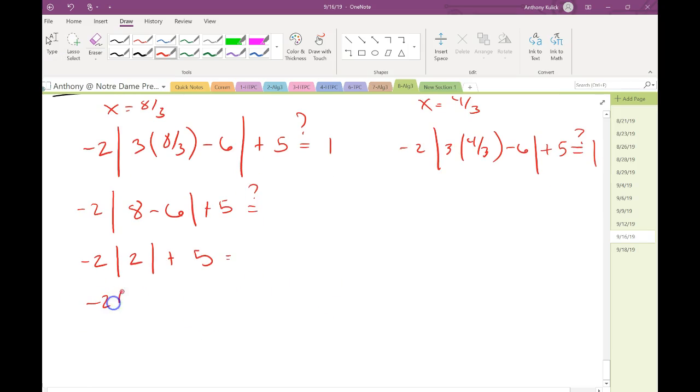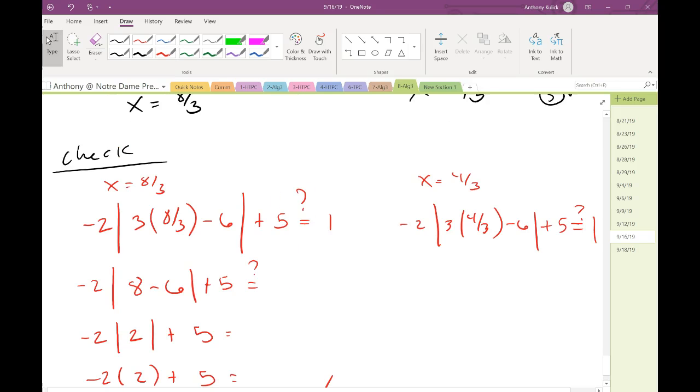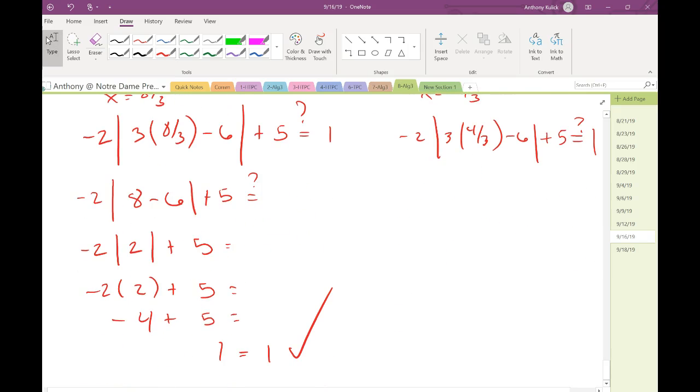If I take the absolute value of positive 2, I just get a regular 2. Negative 2 times 2 is negative 4. And negative 4 plus 5 is 1. So that works out. So what that tells us is the 8/3 is one of our answers.